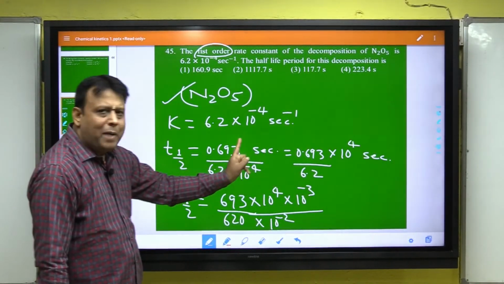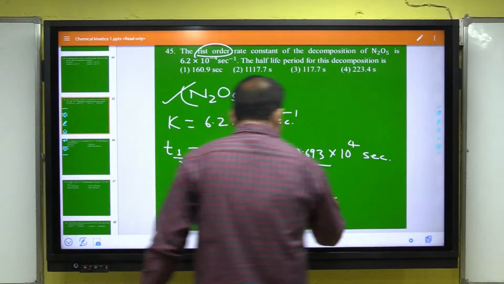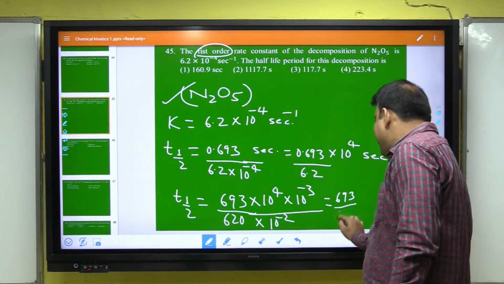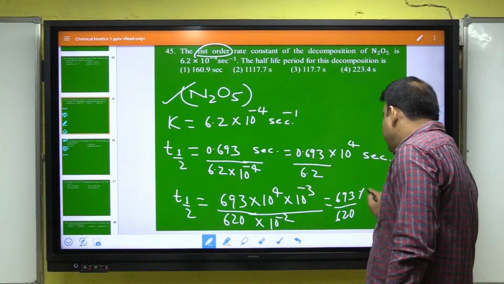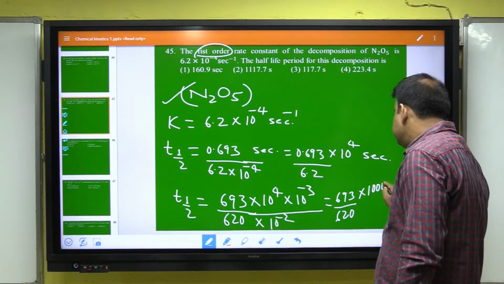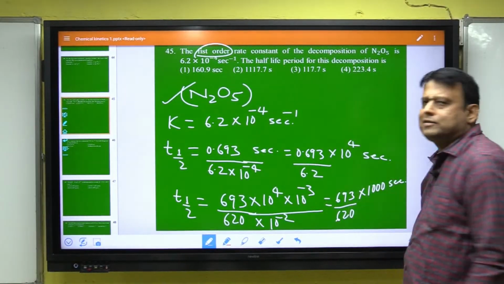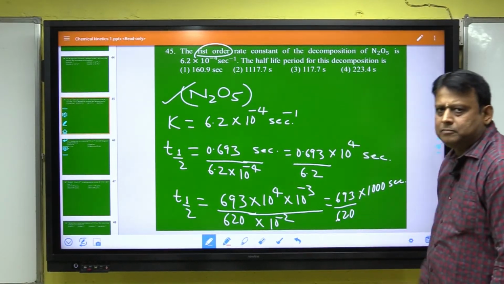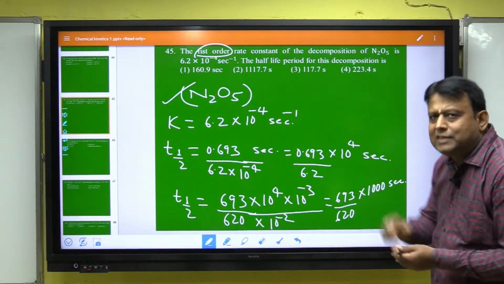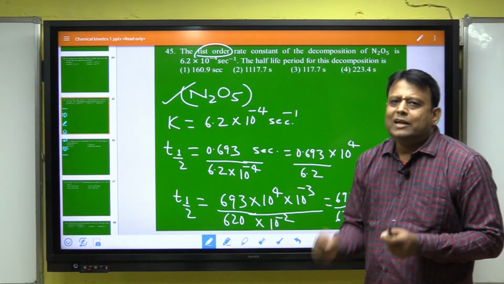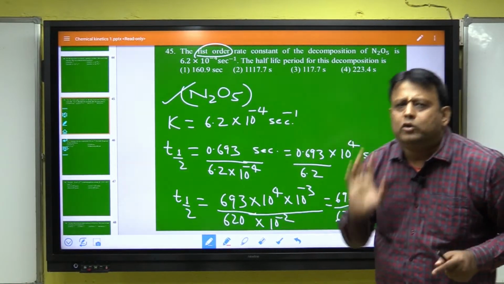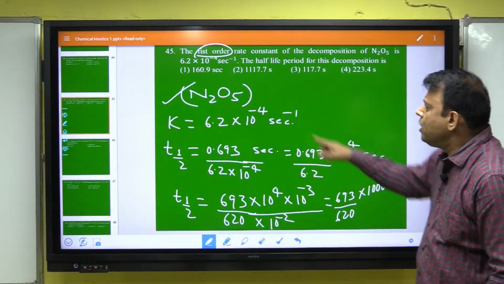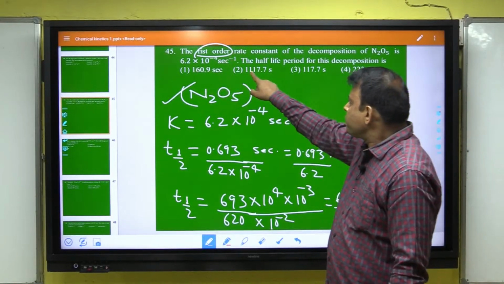When 10 to the power goes to numerator, it will be 693 divided by 620 into 1000 second. Listen, numerator 693, denominator 620. That means it will be approximately 1.1.